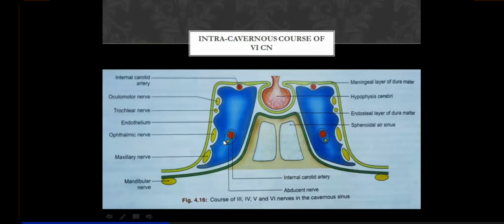It will have a sigmoid course within this sinus, the siphon, and that's why it's called the siphon. Because of the pulsations of the internal carotid artery within the cavernous sinus, it causes turbulence, or waves, in the sinus, where the blood has a meshwork of trabeculae.